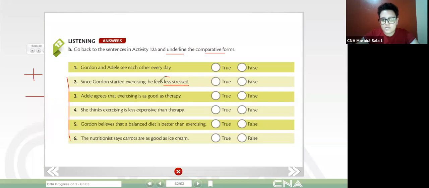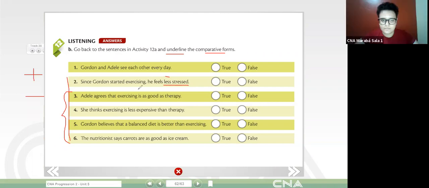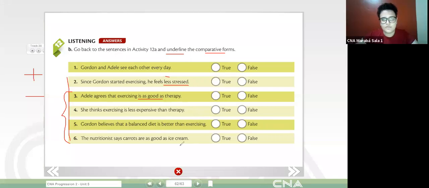This is a comparison. Try to identify the comparisons in the other sentences, please. What are the comparative forms? As... Yes. Dan agrees that exercise is as good as therapy. Okay. Number 4.